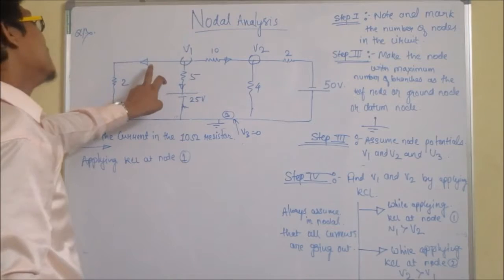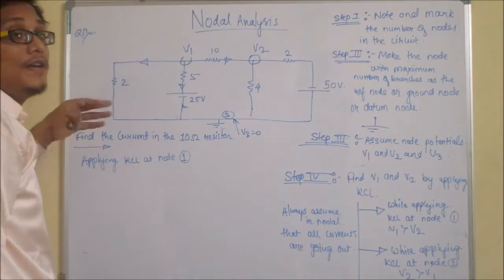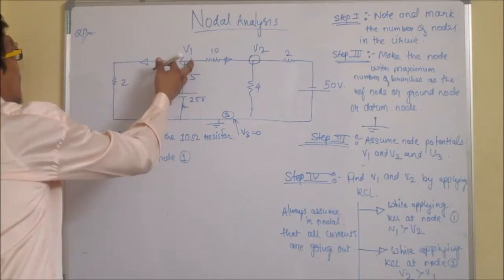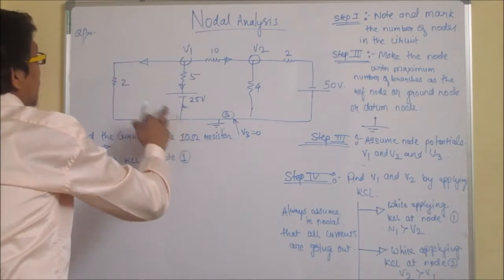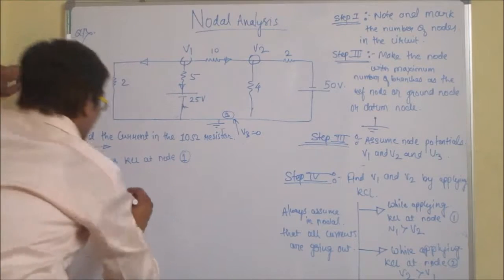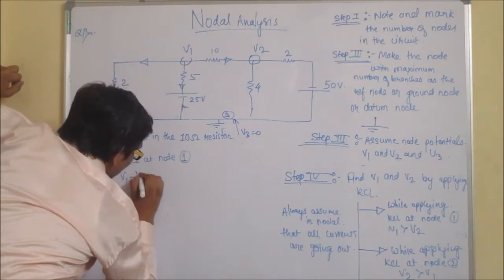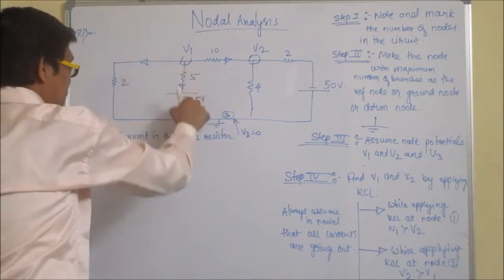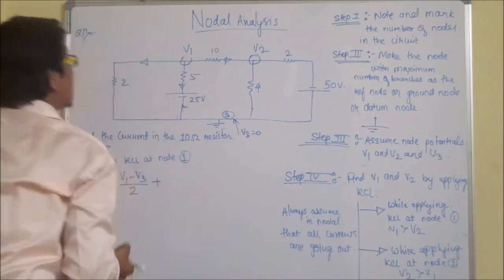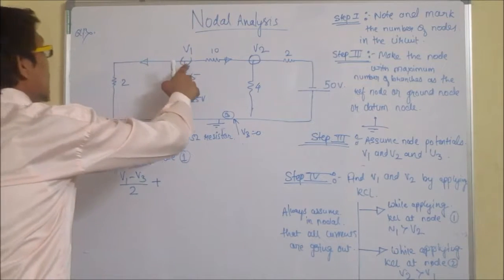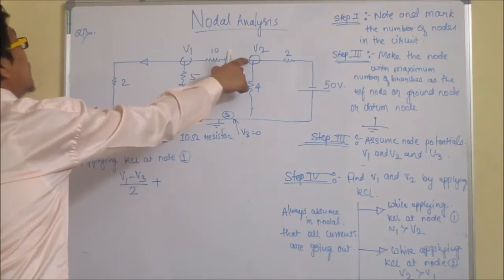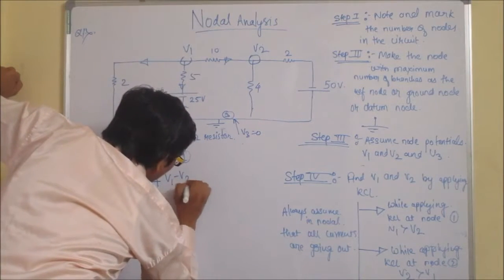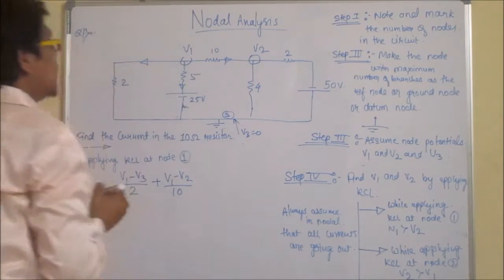But I will write these currents in terms of V. Can I write this current as (V1 minus V3)/2? Yes, plus this, plus what I will be writing, (V1 minus V2)/10.